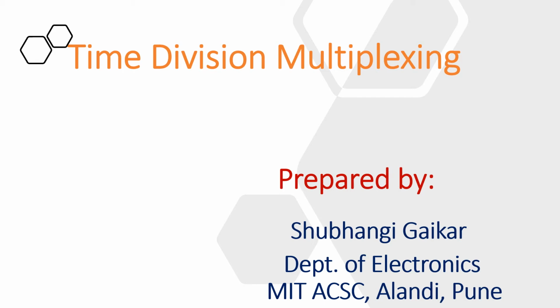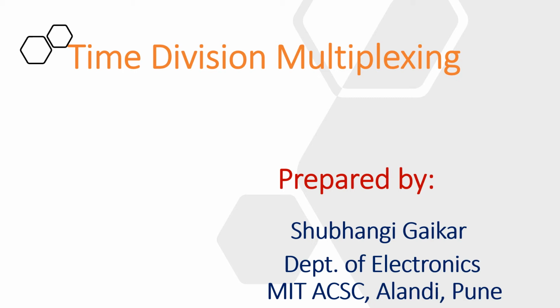These packets constituting the messages A, B and C are interleaved and assigned different time slots, and then they are transmitted one by one. So this is the basic concept of TDM.